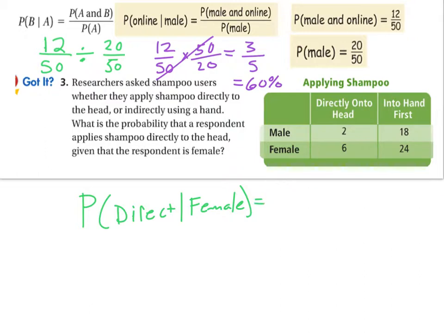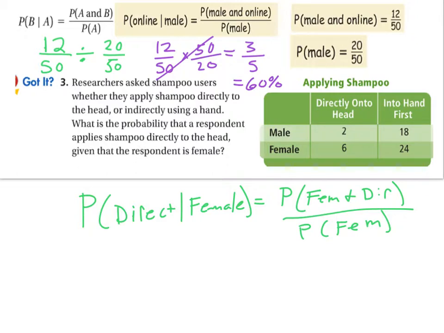So that's going to equal probability of female and direct over the probability that they are female. And again, I know I've got the table. I could find all that information, but I want to get you used to the formula when we don't need it. That way when we need it, we'll understand it that much better.